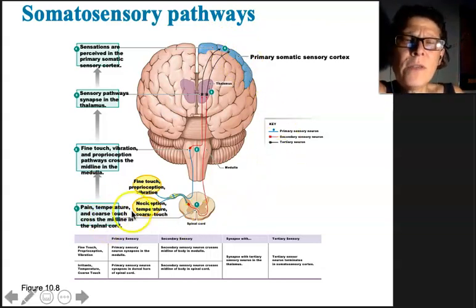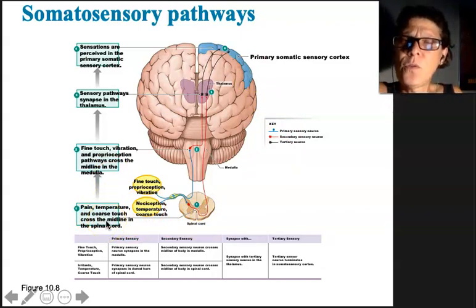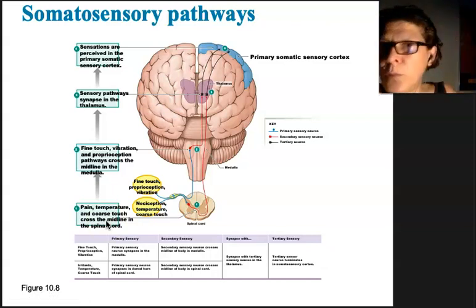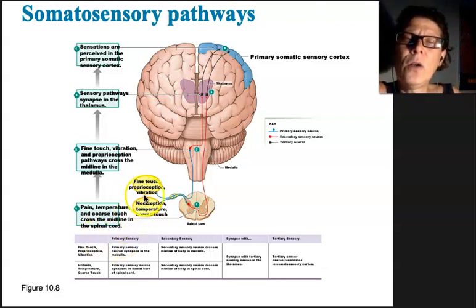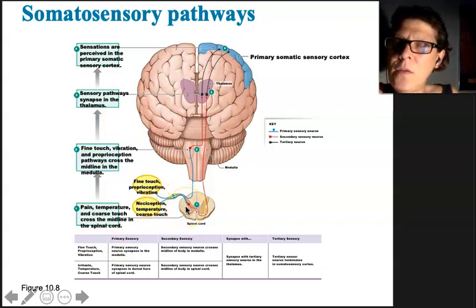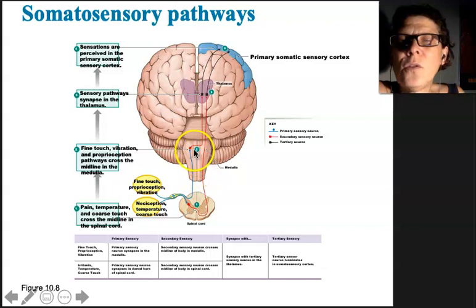And you have a stimulus that comes, let's say, from pain or temperature, and it travels from those receptors, having generated a graded potential and an action potential, traveling along the sensory neuron, and your primary sensory neuron forms a synapse in the spinal cord with your secondary neuron, and then it depends on what the type of sensory is.